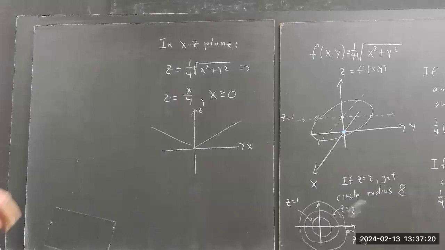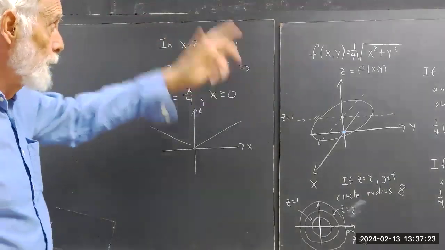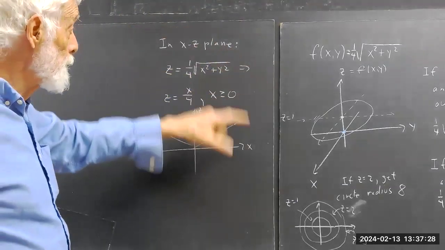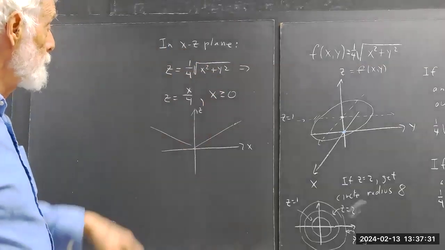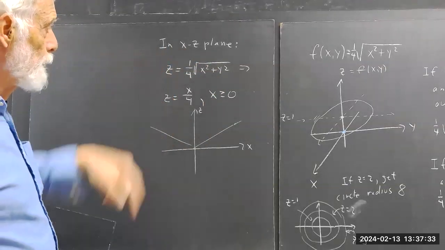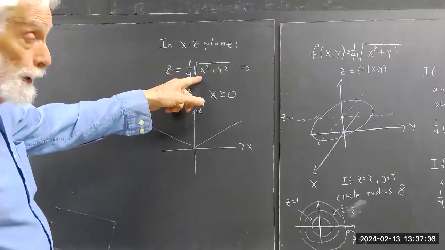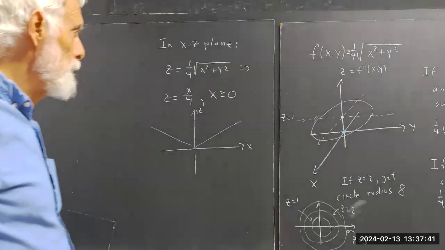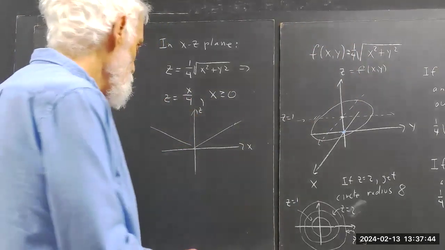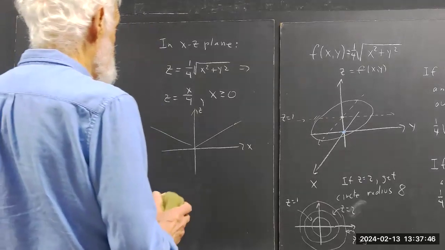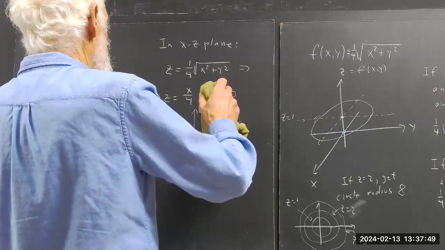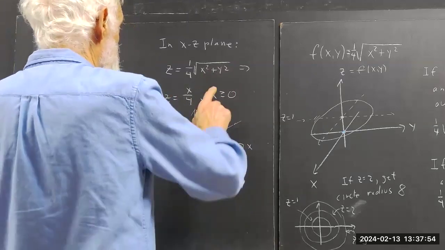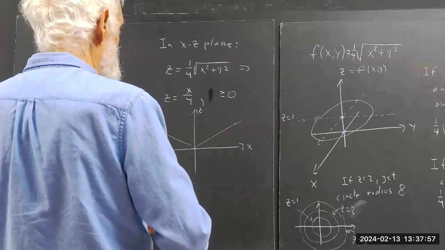Okay, in the XZ plane, if you find this function on the XZ plane, we get z equals 1/4 the square root of x squared plus y squared, but now in the XZ plane y is 0, and this just becomes z equals x over 4. But since x can't be negative, because negative x is not in the domain. Oh, wait a minute, z can't be less than 0, so the restriction is really that z has to be greater than or equal to 0.